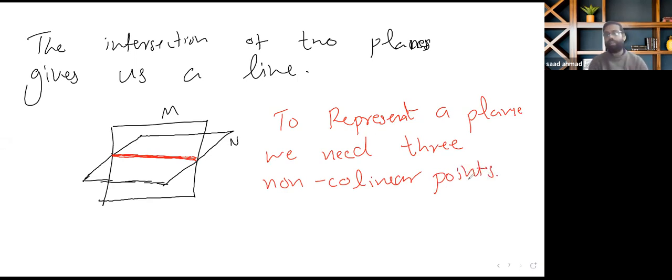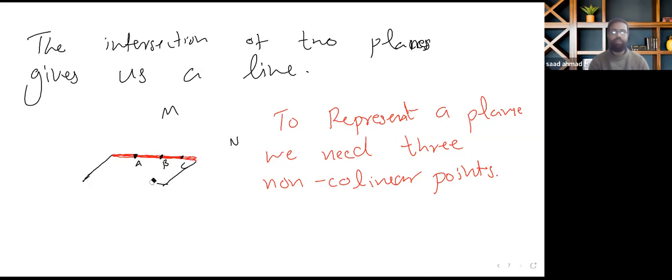We need 3 points that do not exist on one line, because let's say I have 3 points here, A, B, C. Can you tell that it's a plane? No, we cannot be sure that it's a plane. It can still be on a line. 3 collinear points on a line are still making a line.